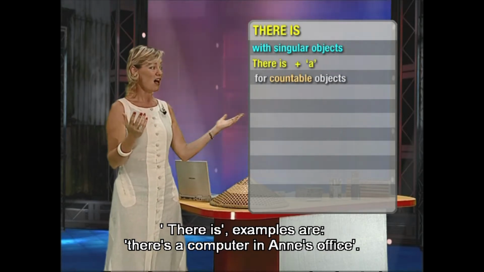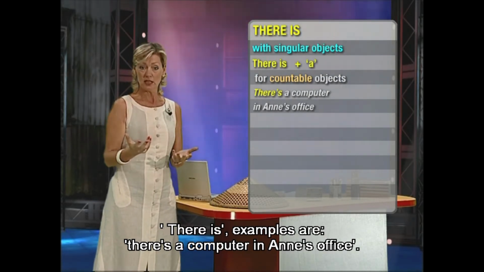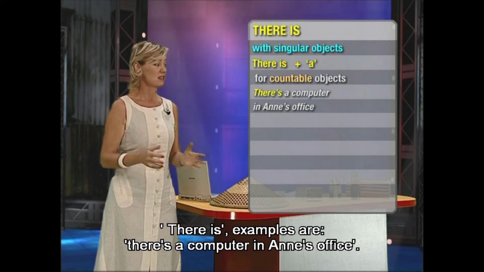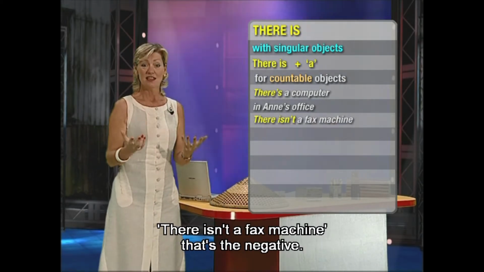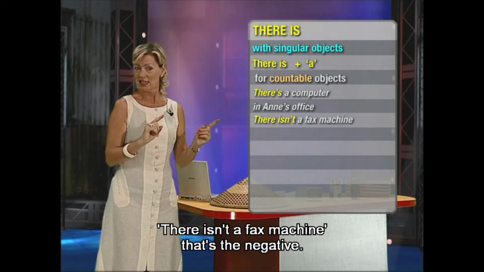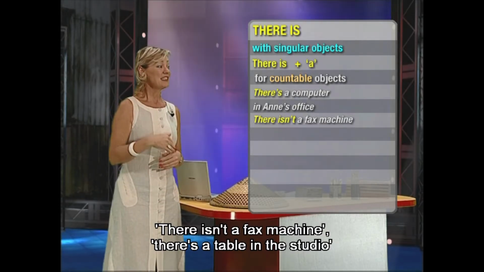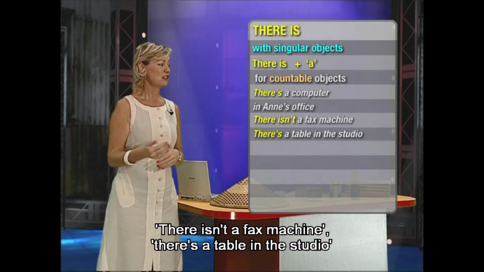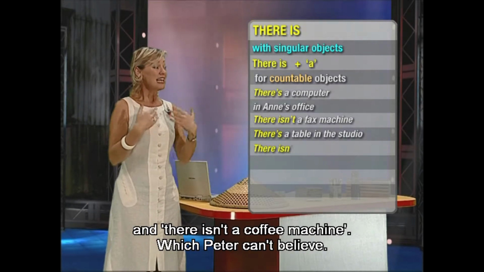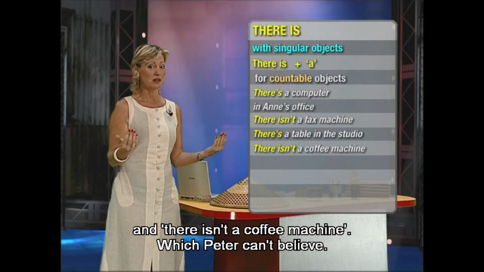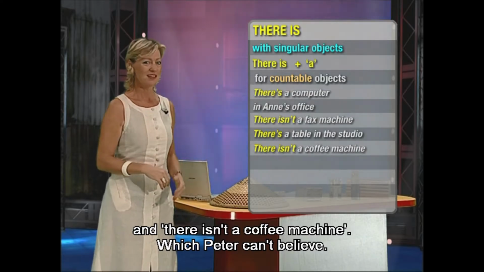The examples are there's a computer in Anne's office. There isn't a fax machine. That's the negative. There isn't a fax machine. There's a table in the studio, and there isn't a coffee machine, which Peter can't believe.